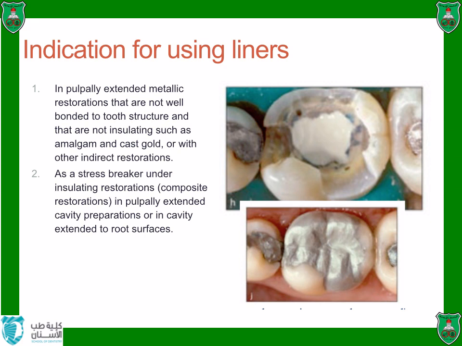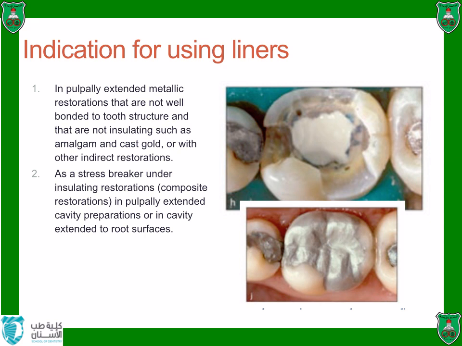Also, when we bond to deep dentine or the dentine on roots, the bonding is difficult, and we will speak about that in later lectures. That's why some materials like resin-modified glass ionomers bond better to the dentine in deep cavities and also on root surfaces. That's why we use those materials, the glass ionomers, under composite as a stress breaker, and we consider them as liners.